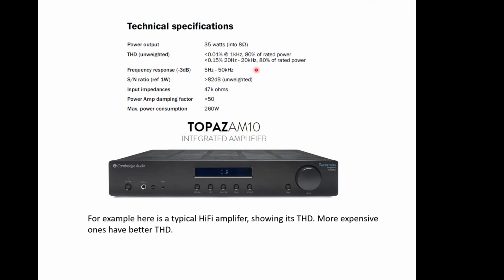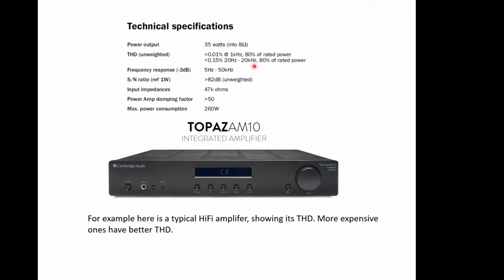Now the audio range, which we would listen to, is normally classified as being from 20 Hz to 20 kilohertz. So that's what a good ear can hear, although I don't think any of our ears can now hear 20 kilohertz. Probably closer to 15 or 16 now.